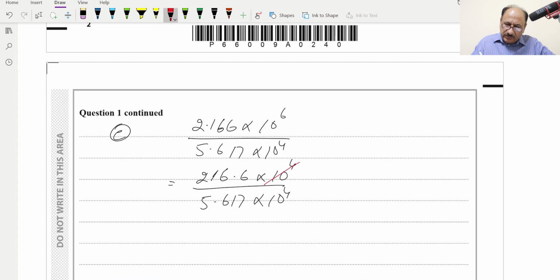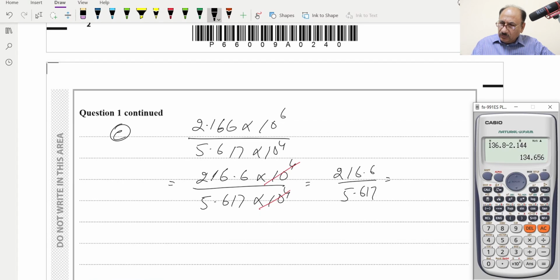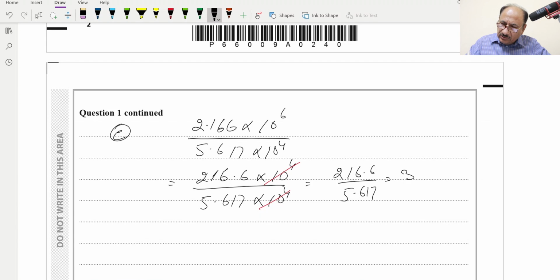Now we can cancel these two terms, and this will be 216.6 over 5.617, and this one we can calculate. 216.6 divided by 5.617 is equal to 38.56.